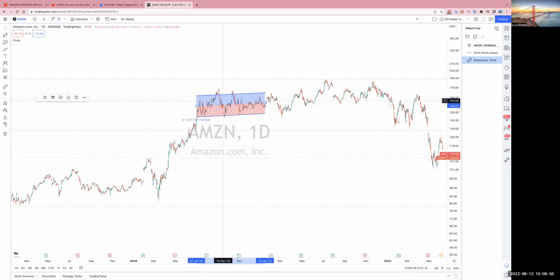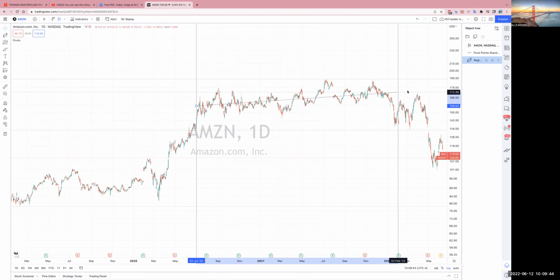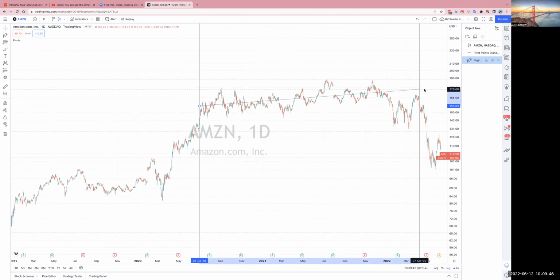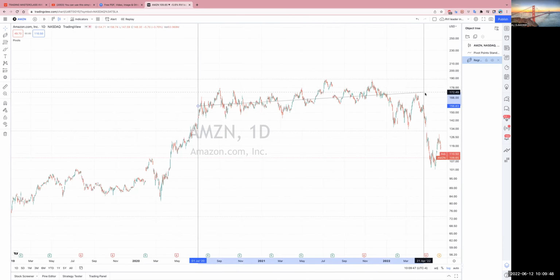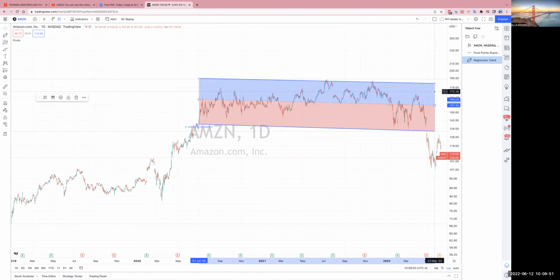And then the regression channel or regression trend will actually build that for me. Keeping the same angle of the trend, I don't know exactly what's happening in here, but I'll just keep the same angle of the trend, not going up or down. And now the regression channels will actually build for me.